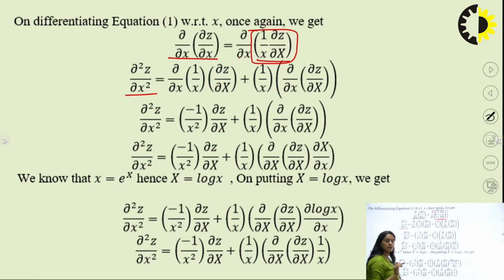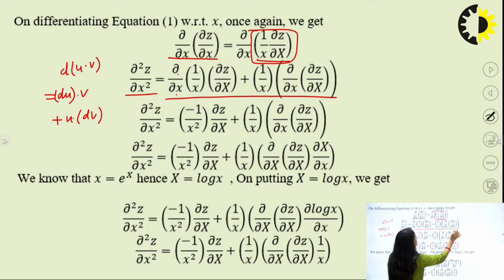So whenever we differentiate two functions which are in the product form, then we have to apply the product rule, and this will become del of del x into 1 upon x. So here I am applying the formula of d of u v, which is equal to differentiation of u into v plus u into differentiation of v. So we all know that this is a property of differentiation for product of two functions. So the same property I have applied here.